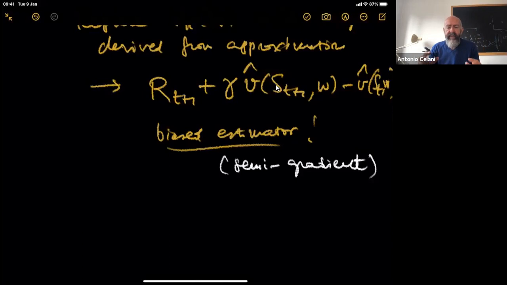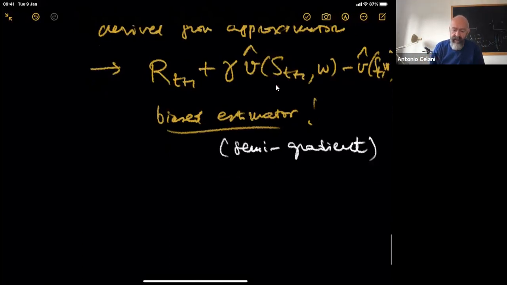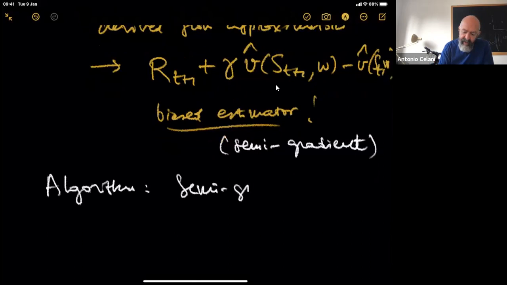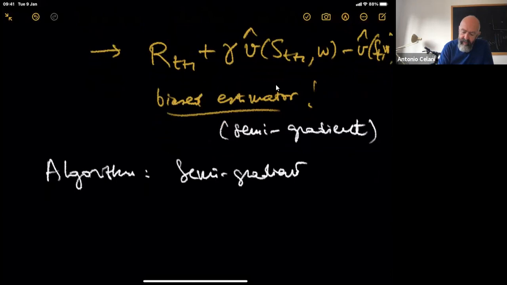So this sort of leads us to our algorithm, which goes under the name of semi-gradient approximation for value, for policy evaluation.